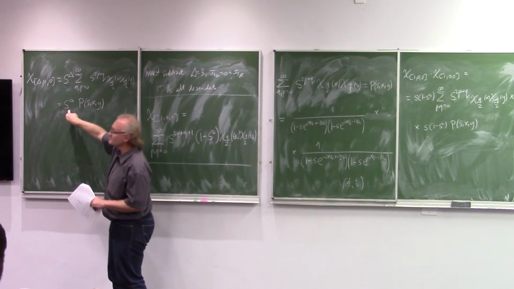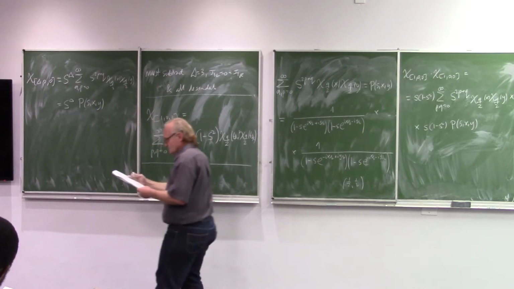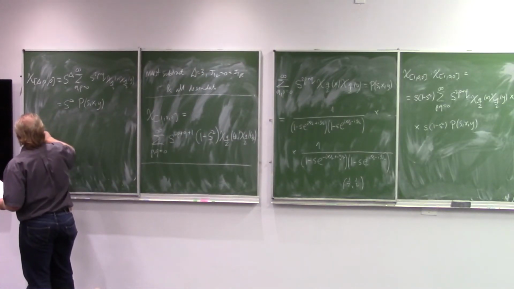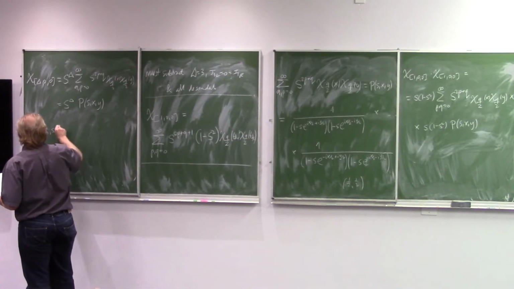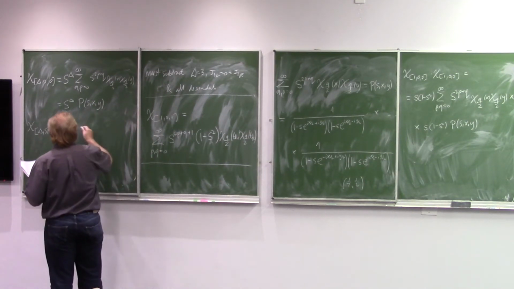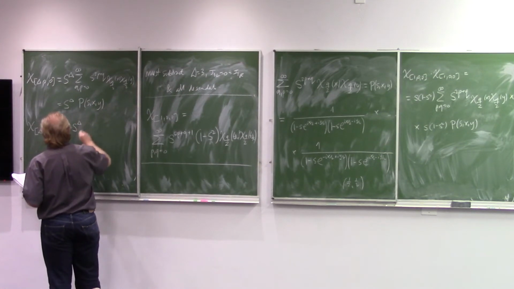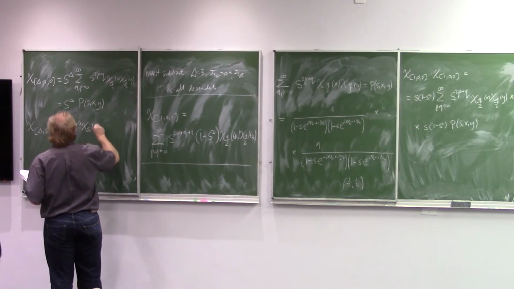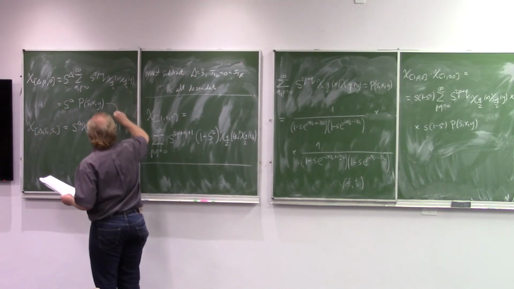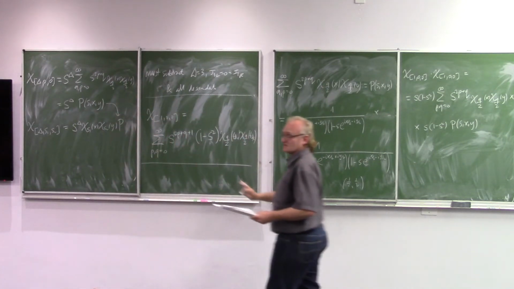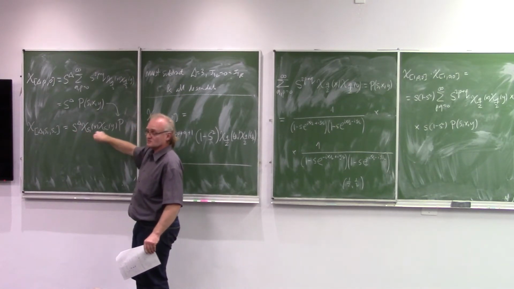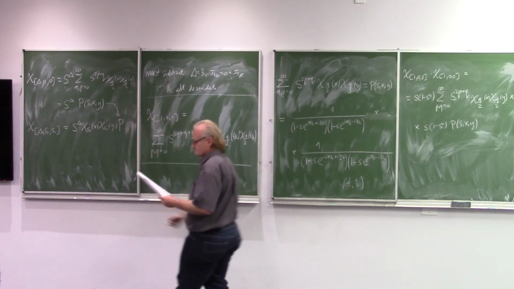As something multiplying p. In fact, for a general character, you will have the following. If you've got chi delta s1 s2, what this looks like is s to the delta chi s1 of x chi s2 of y multiplied by the same p. And that's the general character. This is built on a primary operator with dimension delta and spins s1 and s2. And that will be the general character.